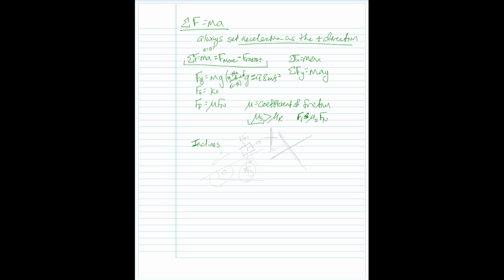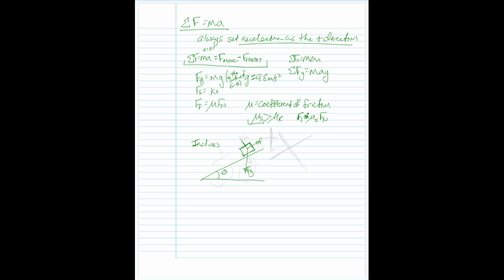One thing to note, when we're dealing with inclines, here we have our system. We have an inclined ramp, elevated at angle theta. Here we have our object sitting on the ramp. When I draw my free body diagram, I'm going to draw my gravitational force down. My frictional force would be resisting the motion, so it's resisting it sliding down the ramp.